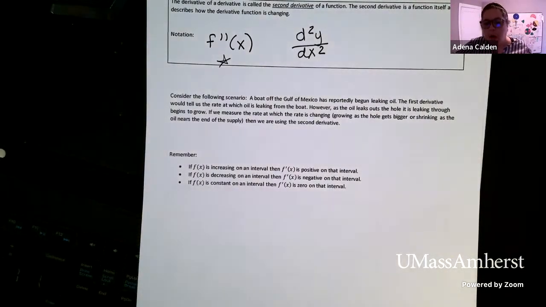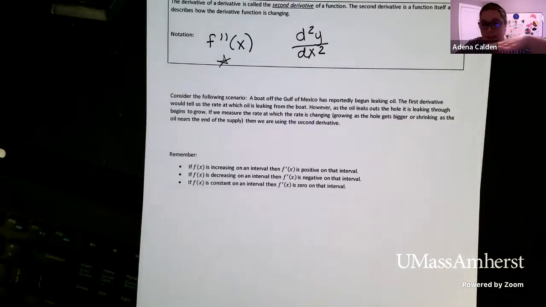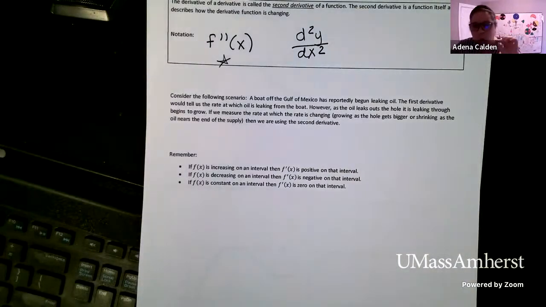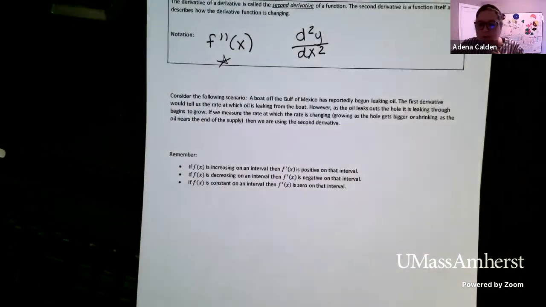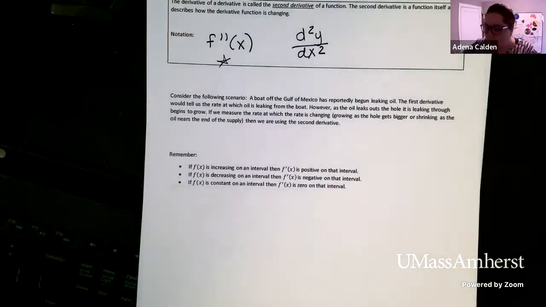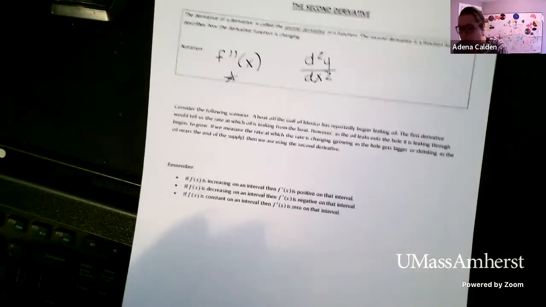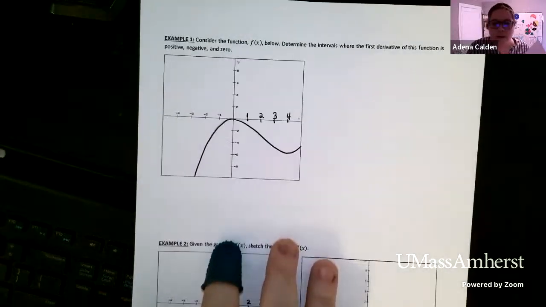When we talk about constant, there are two ways we think about it. A horizontal line is constant, but also the point where your function changes from increasing to decreasing, we consider that point where it changes to be constant as well, okay? So we're going to start by just remembering those rules.